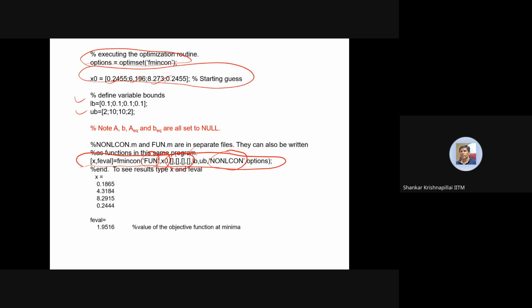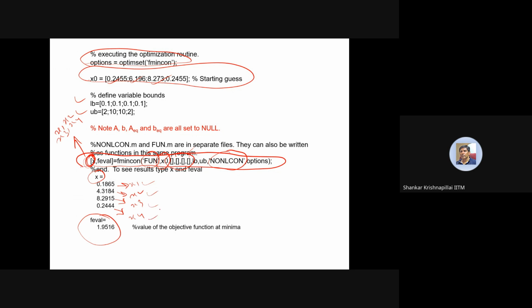Okay, so after you execute this, all the answers will be stored in X. All these x1, x2, x3, x4 will be stored in X. If you type X and press return, all four values are stored here. And this is the value of the objective function.